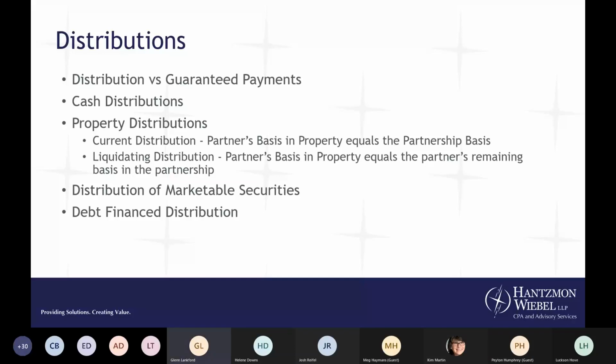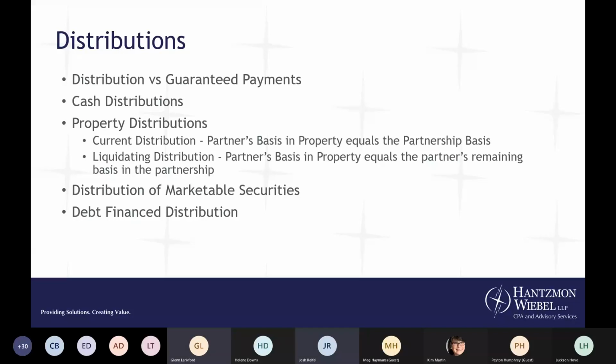On a distribution, there can be gain recognition on a distribution of cash if it exceeds basis, like we talked about before, but that's gain recognition to the partner. Gain recognition on a distribution of marketable securities, if it applies, is at the partnership level.